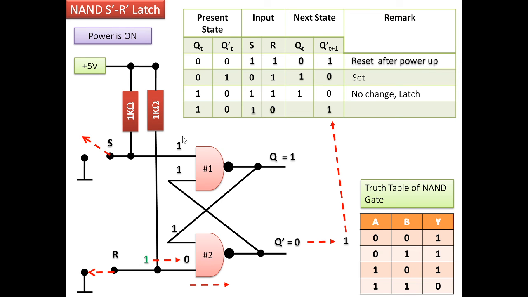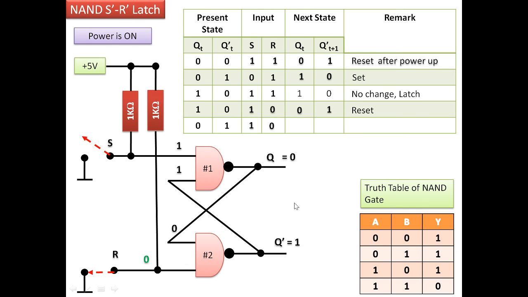So 1 and 1 at the input of the NAND gate 1 will trigger the output from 1 to 0. So what we can see is once the reset terminal is activated, irrespective of the previous state, present state, the next state will become reset. So whenever we activate the reset input terminal, the output of the NAND latch becomes reset irrespective of the previous state.